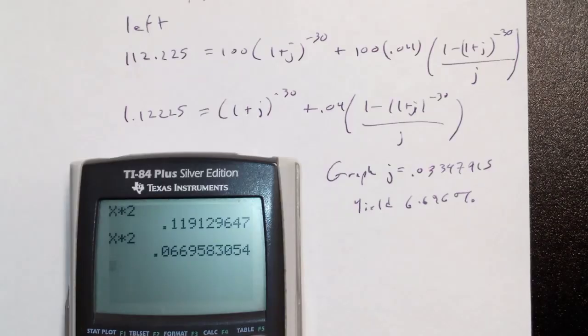Okay. By the way, I bought something at 70. I sold it at 112. I made a bunch of money, right? What was my actual yield?